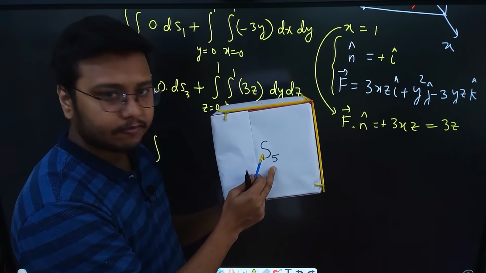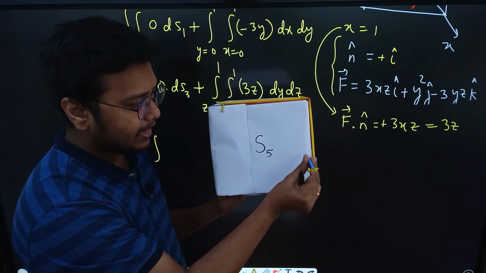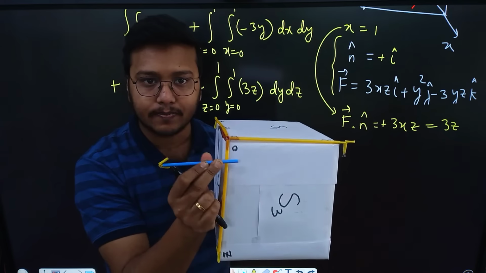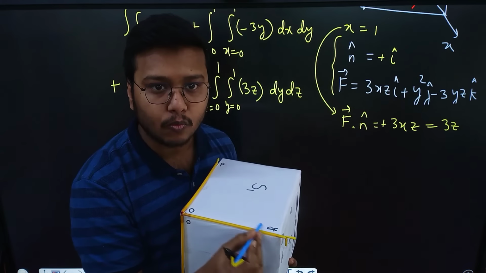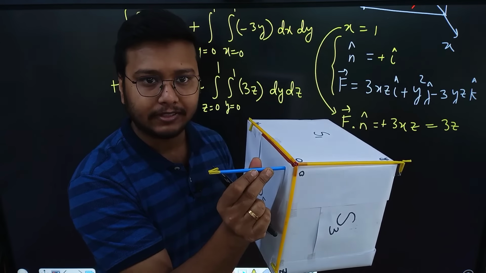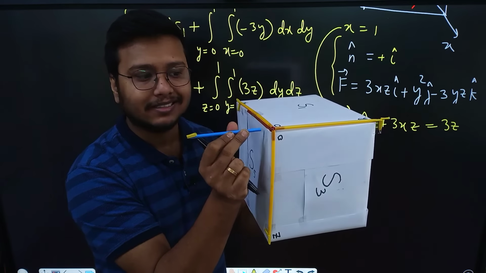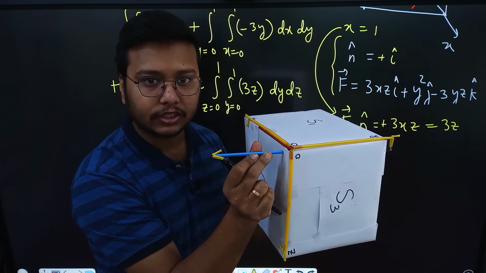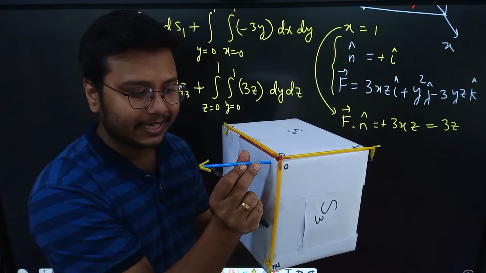So we have the S5 like this. So if I take my n cap, that's parallel to which axis? You can see it's parallel to the y-axis, right? This is the y-axis. So for the S5, this n cap is parallel to the y-axis and it's in the opposite direction. So that means minus j cap.